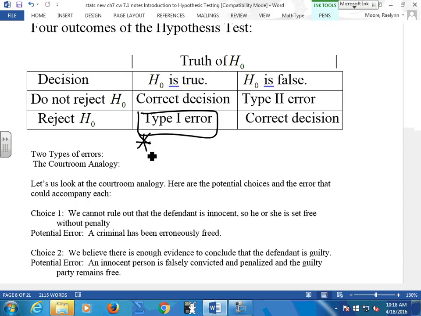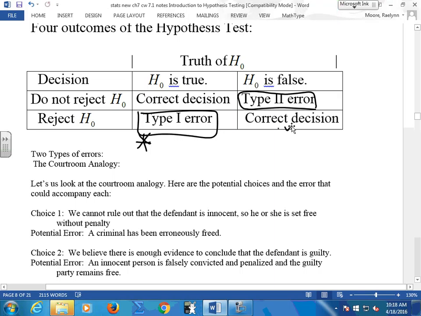And say I test H0, and H0 is really false. It was really a false statement, but we didn't reject it. We made a type 2 error. This course doesn't address type 2 errors. We just address type 1 errors, but that's another type of error. If it was false and we rejected it, we did the right thing.